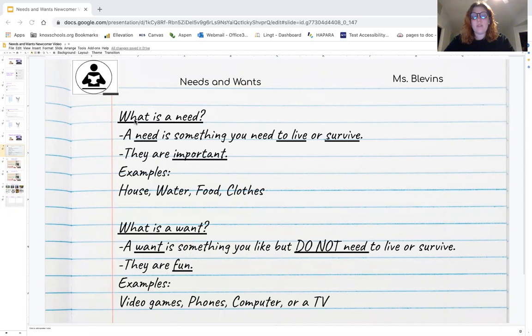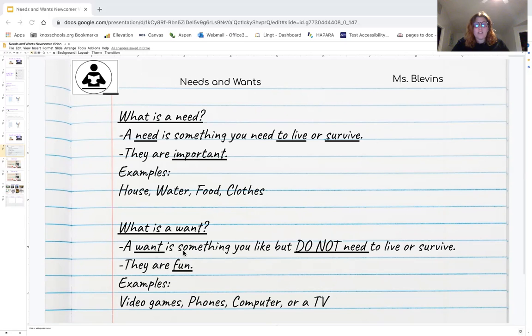Ready? What is a need? A need is something you need to live or survive. They are important. Examples: a house, water, food, and clothes. What is a want?